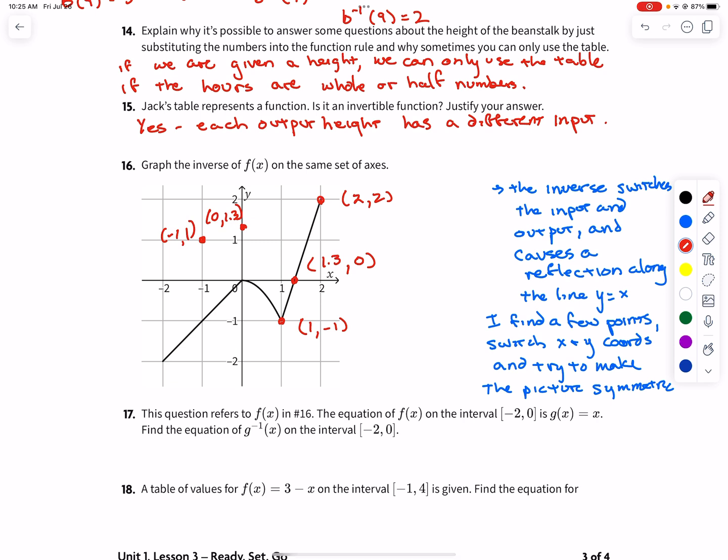I'm going to draw that line and then try and make the curve happen basically the same. And then notice that points that are already on the line y equals x don't go anywhere.